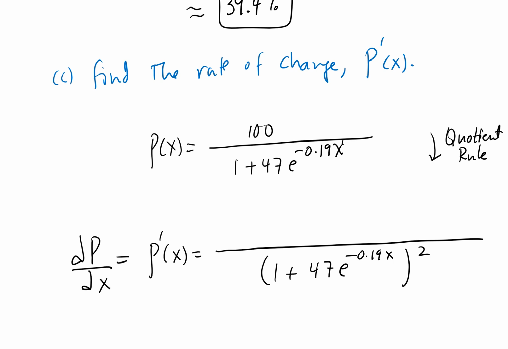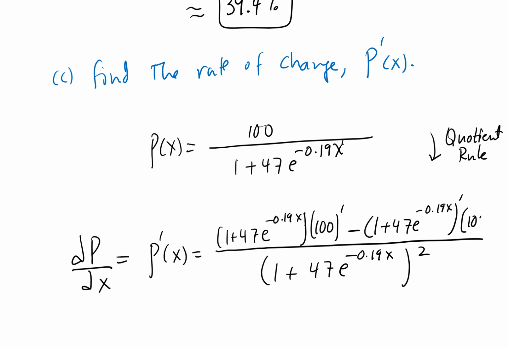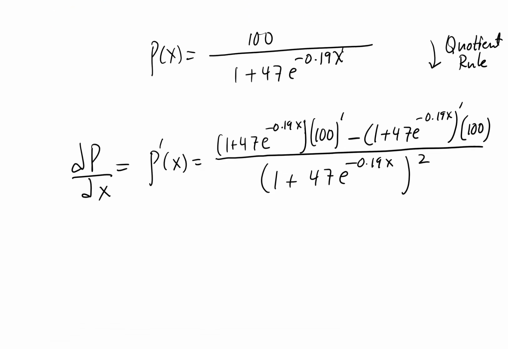Quotient rule says you square the denominator, take the denominator times the derivative of the numerator minus the denominator itself times the numerator. Derivative of 100 is 0.